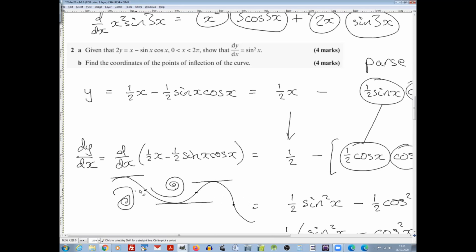What's going on with the gradient at the point of inflection? What can we say about the gradient at this point? It's positive. Yes, and the gradient here is? Negative. But the curvature is still clockwise. Whereas the gradient's negative here, but even when it becomes positive, the curvature is still anti-clockwise.